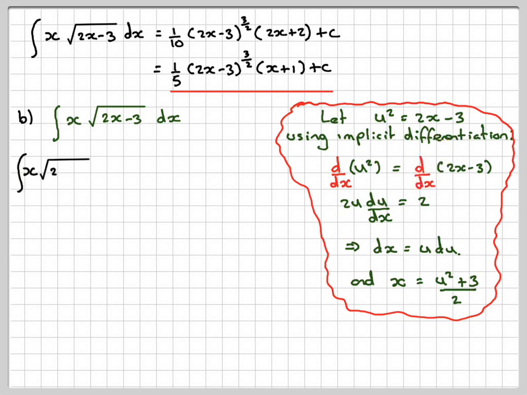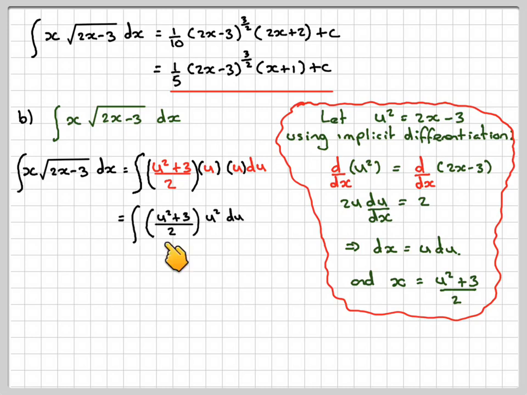So now doing the substitution, the integral of x, which is (u squared plus 3) over 2. U squared is 2x minus 3, so the square root of that will just be u. And then we've got a u du. So we have (u squared plus 3) over 2 times u squared du, and we're going to take out a half.